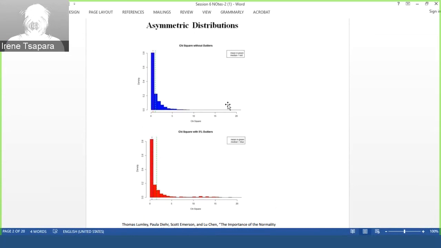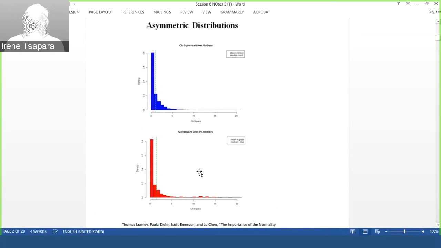Looking at the examples that you have right here, I have a chi-square distribution, but I don't have any outliers. Right here I have chi-square distributions, but I have a lot of outliers. So what happens right here? Can I create a sampling distribution from those?